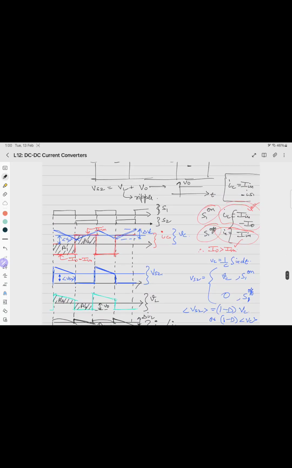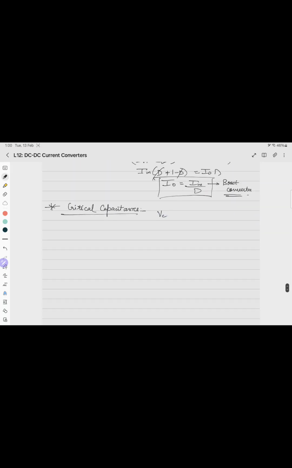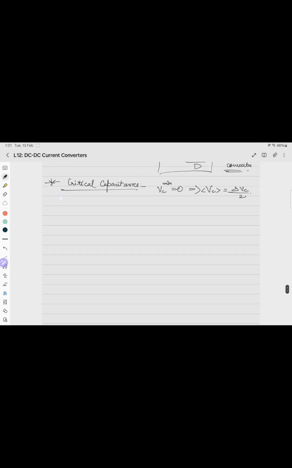It will be discontinuous if VC minimum is 0, which means the average value of VC equals delta VC by 2. This is the condition for discontinuity.